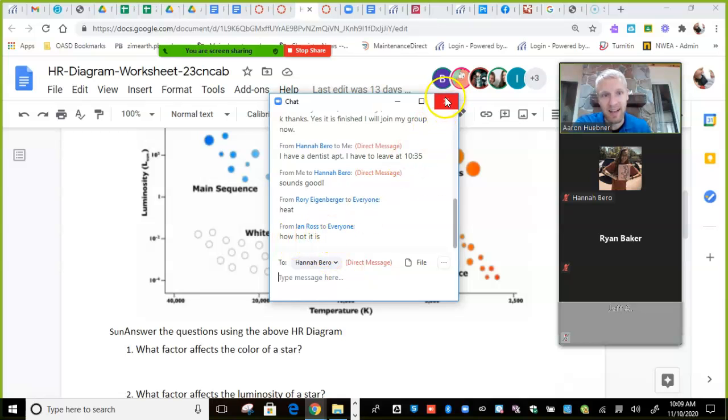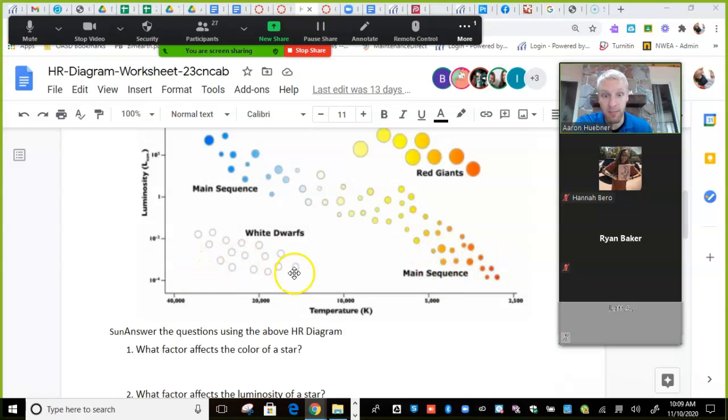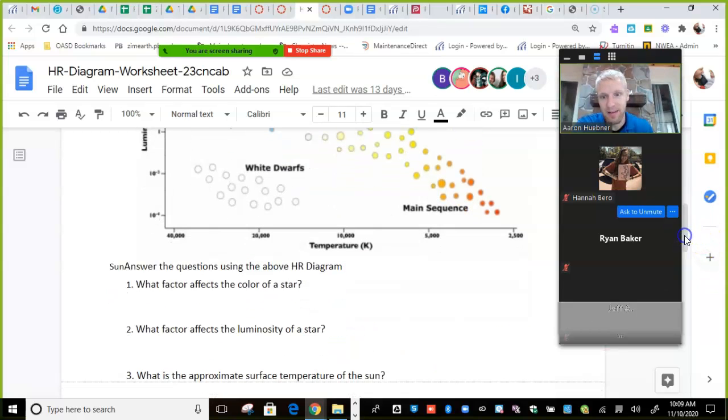How hot it is, exactly. So what factor affects the color of the star? The temperature, how hot it is. Very hot, blue. Not very hot, red. In between, yellow, orange, maybe some white. Alright, so we'll just write that in. Oh, formatting's terrible. Sorry about that.